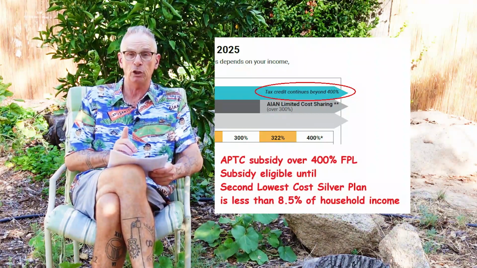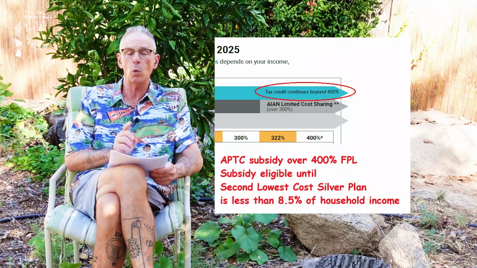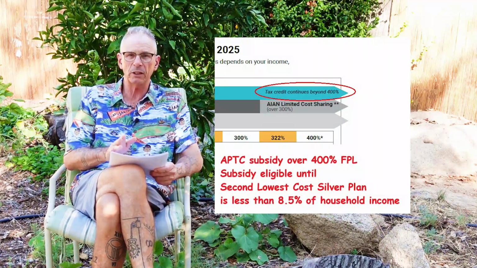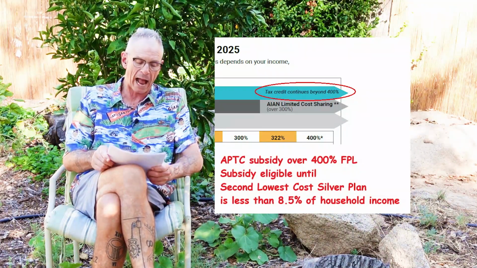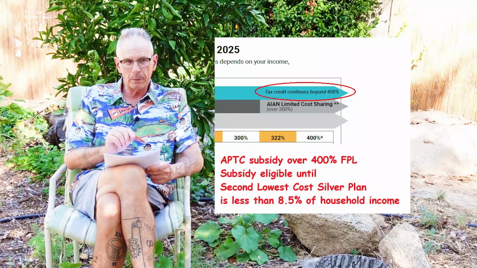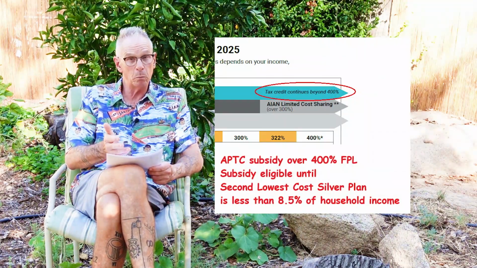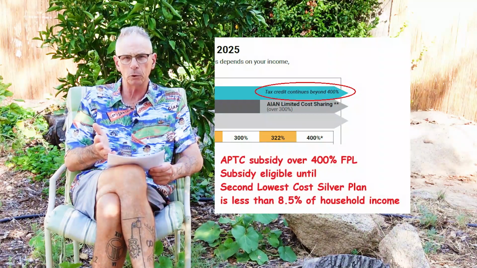That changed in 2021 with the Inflation Reduction Act. So now you can earn more than 400%, receive a subsidy, and not have to pay it all back, because the formula for the subsidies is based on your income, and now you can make more than 400%, which many people do in California.